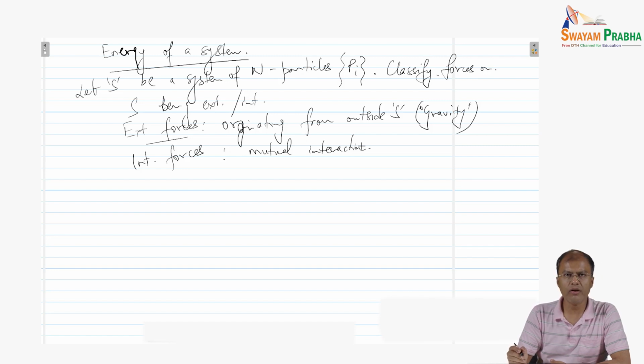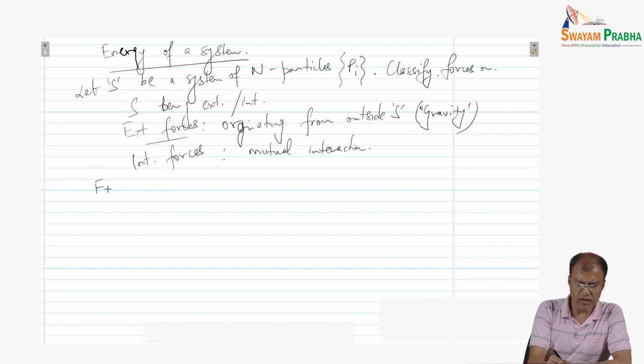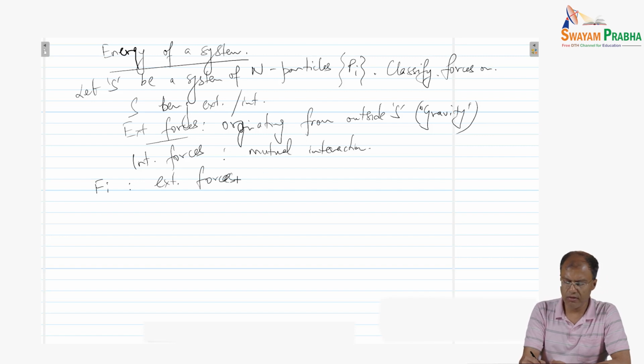So let us now introduce some variable convention. We call Fi the external forces on any particle Pi. So these are forces acting on these individual particles Pi.